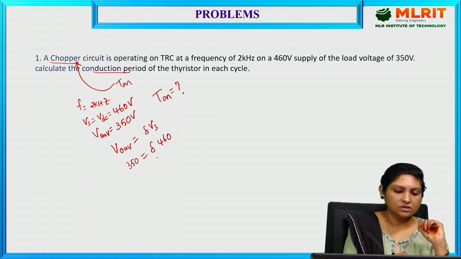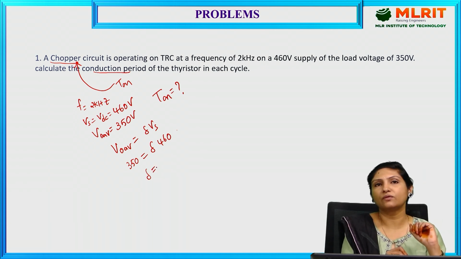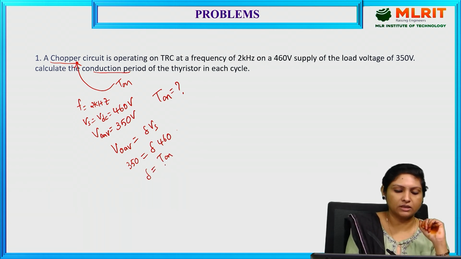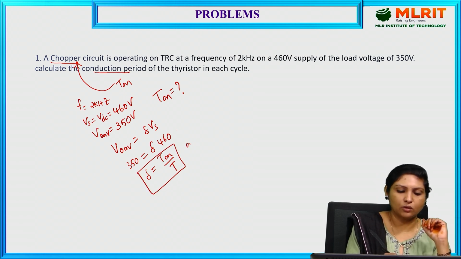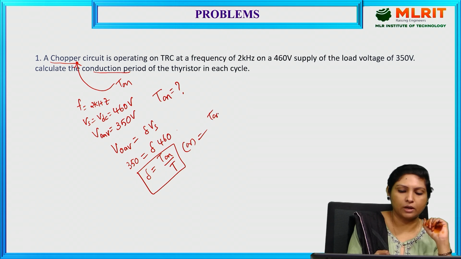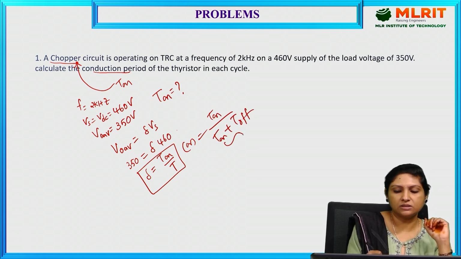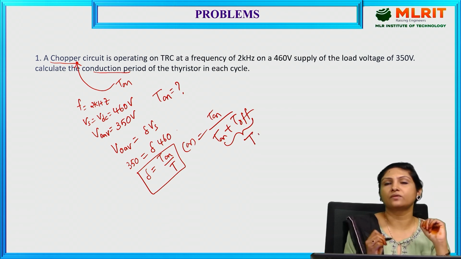Since we need the value of T on, let us write down delta. We also have the formula for delta, that is T on by T, which we can also write as T on by T on plus T off, where T on plus T off is nothing but the total time period of the circuit.